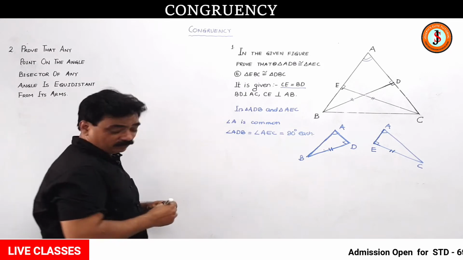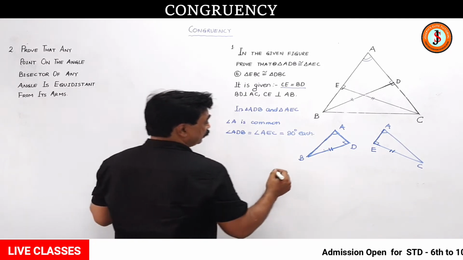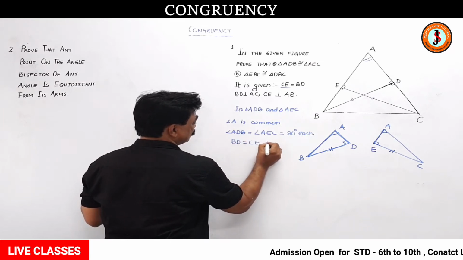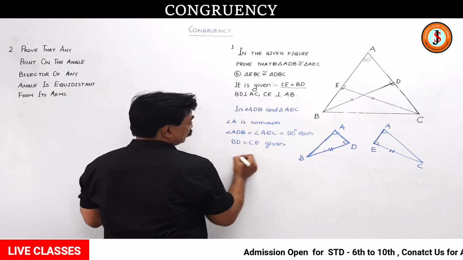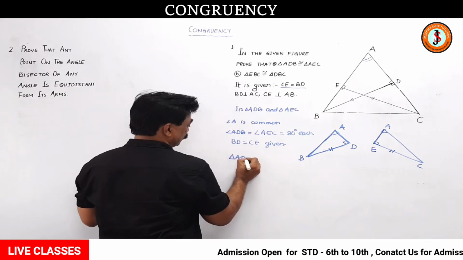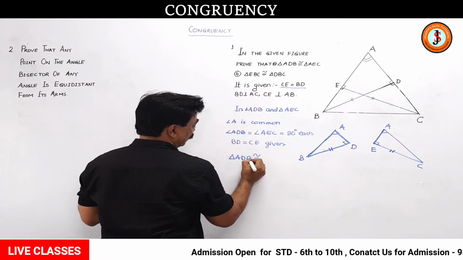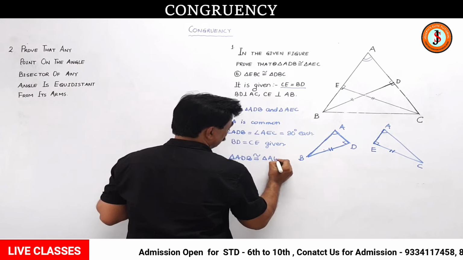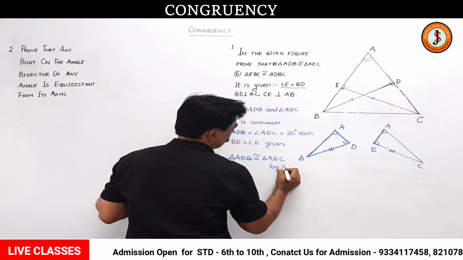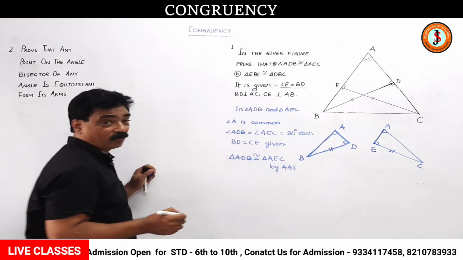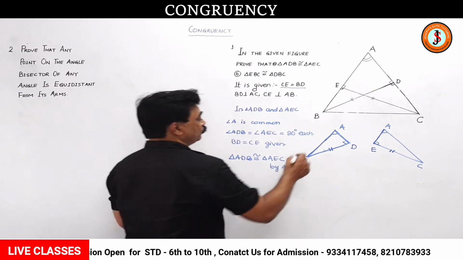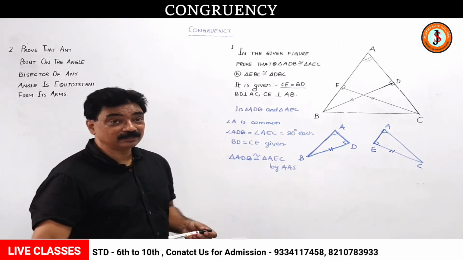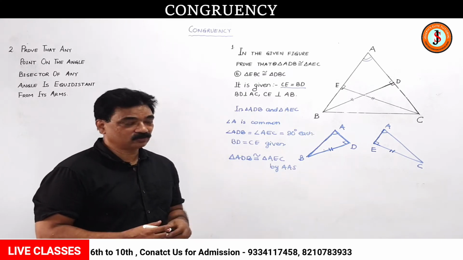Then BD side is equal to CE, it is given. So, triangle ADB is congruent to triangle AEC by AAS, and once they are congruent, they are equal in all respects. So, we can even prove that AB is equal to AC. That means this triangle is isosceles. The question can come that prove that the triangle is isosceles.